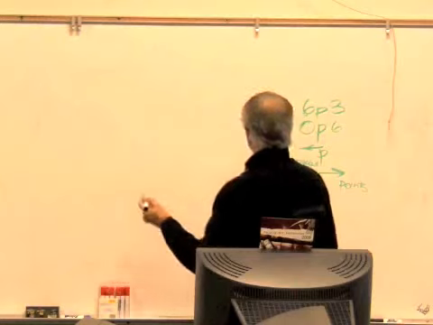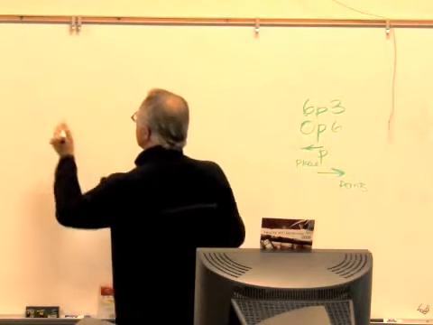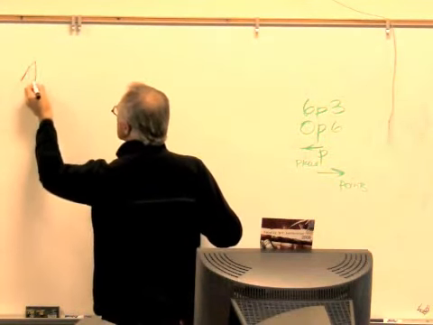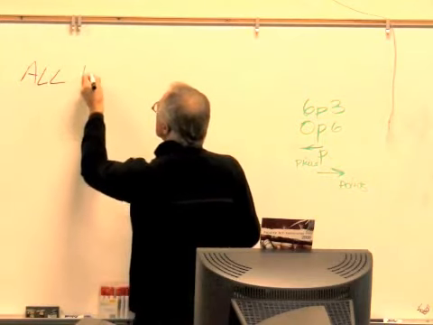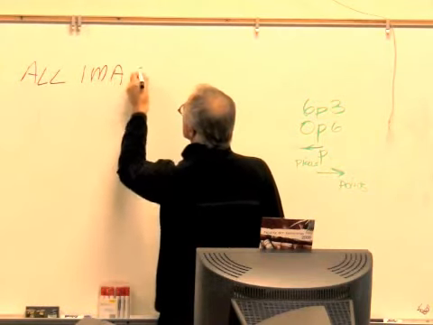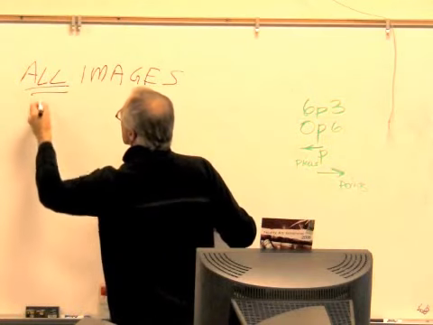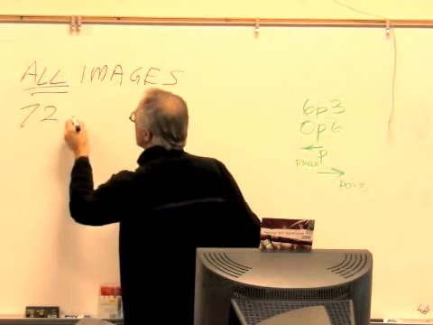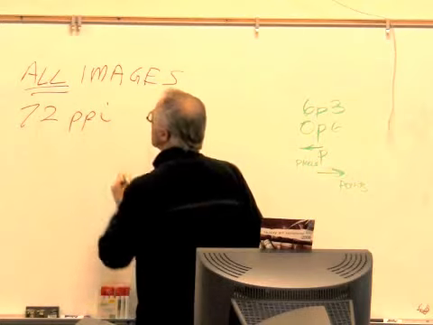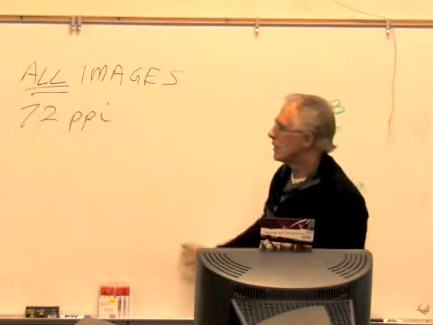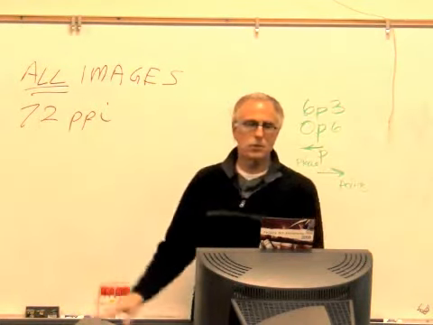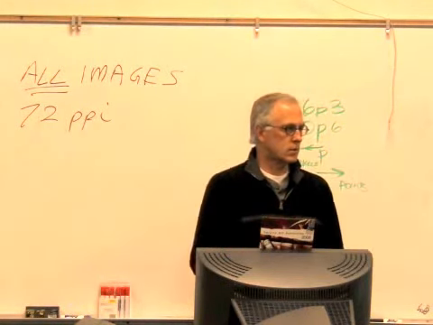Okay, so everything we do in this class, all images will be 72 pixels per inch. Now, 72 pixels per inch is the screen resolution of a Macintosh computer.